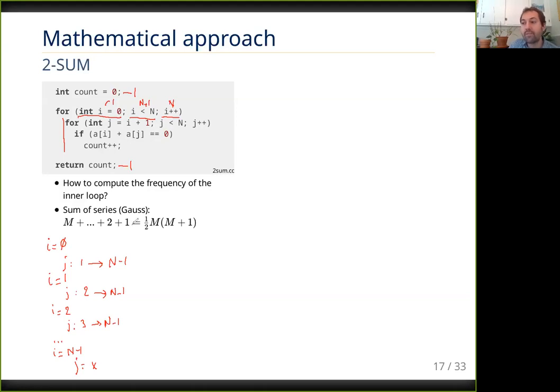So here, the j loop will be executed n minus 1 times, n minus 2 times, n minus 3 times, and down to 0 times.